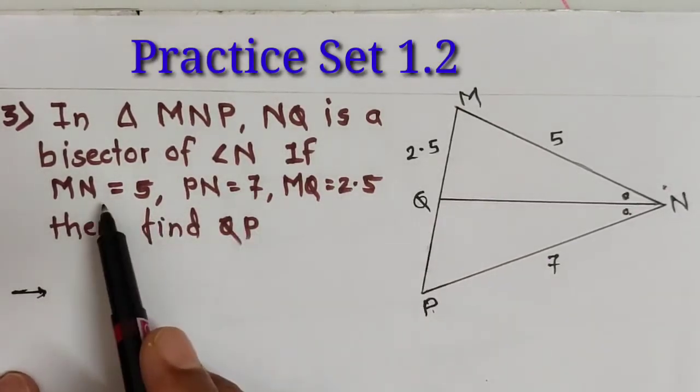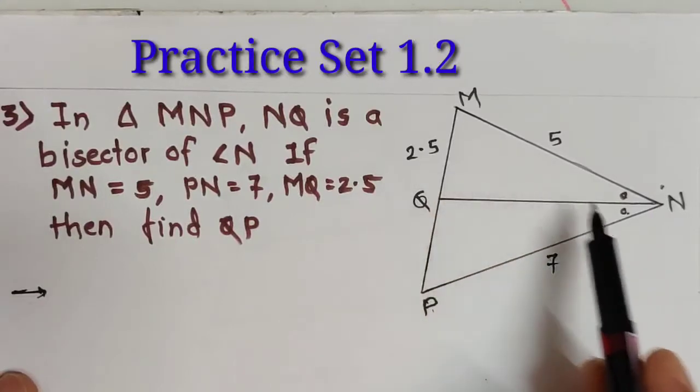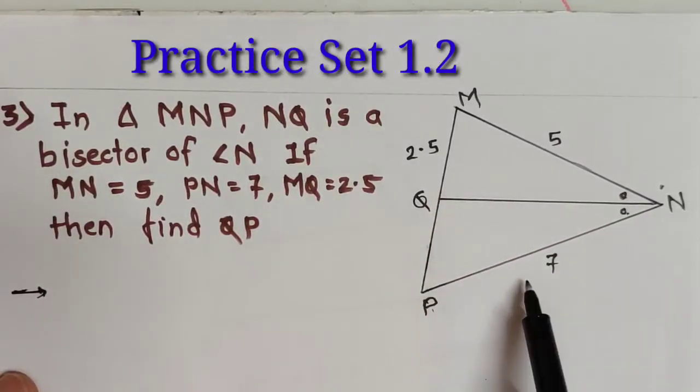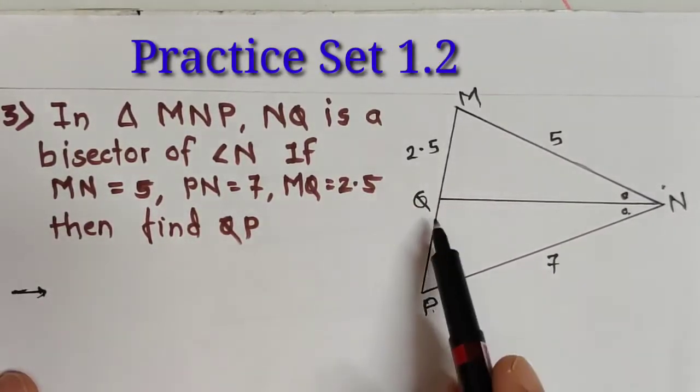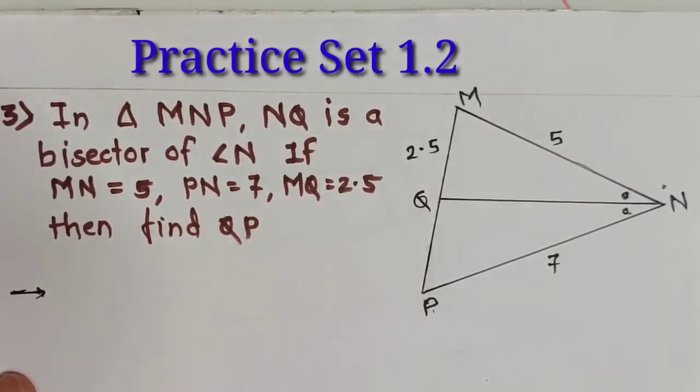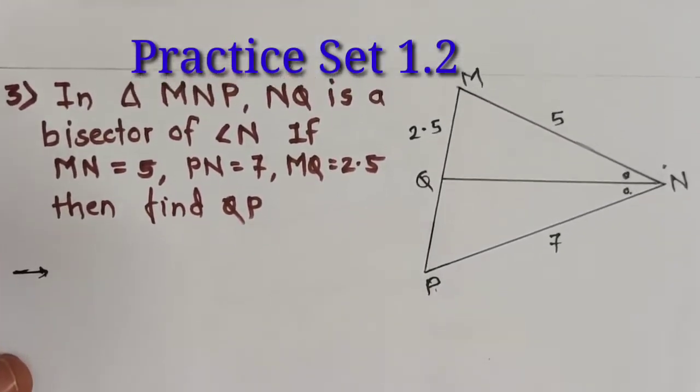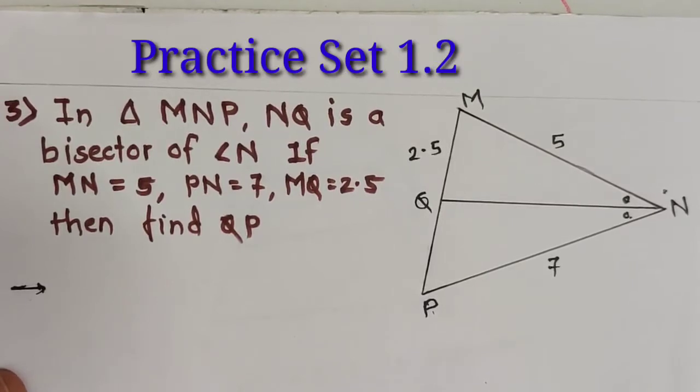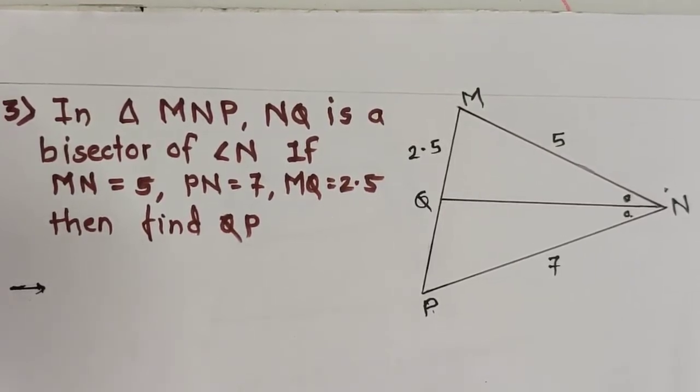And the segments are given: MN is equal to 5, PN is equal to 7 and MQ is equal to 2.5. Find QP. So directly we can use the property of angle bisector of a triangle.